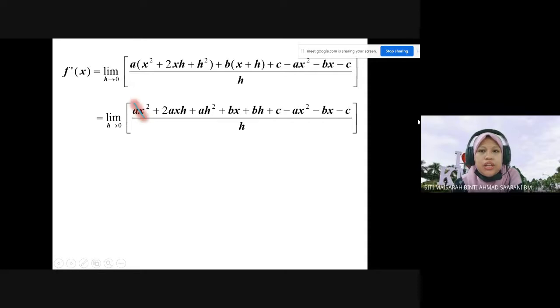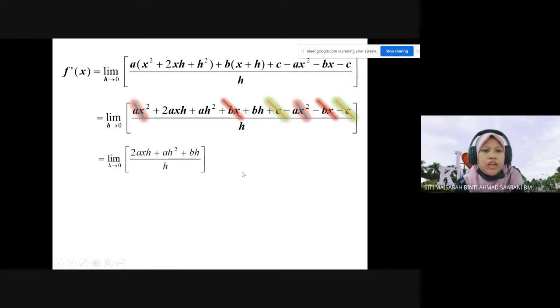So we can cancel them. After subtracting ax squared, bx and c, what remains is 2axh plus ah squared plus bh over h. So here we have the limit as h approaches 0 of (2axh plus ah squared plus bh) over h.